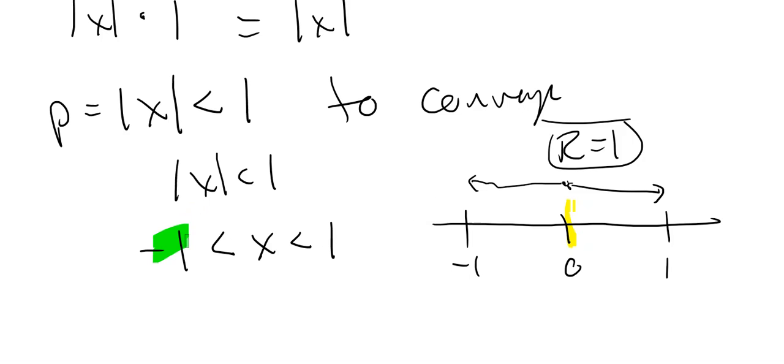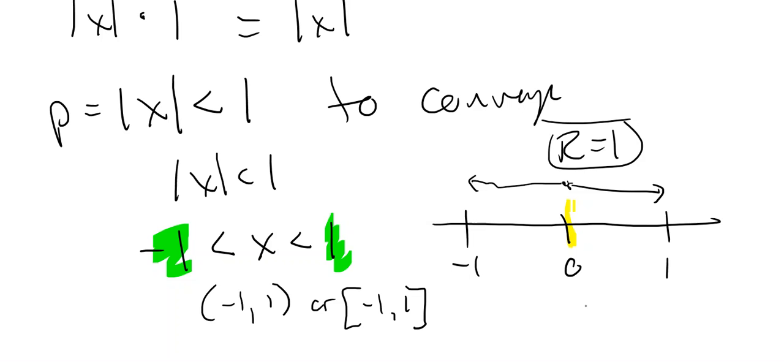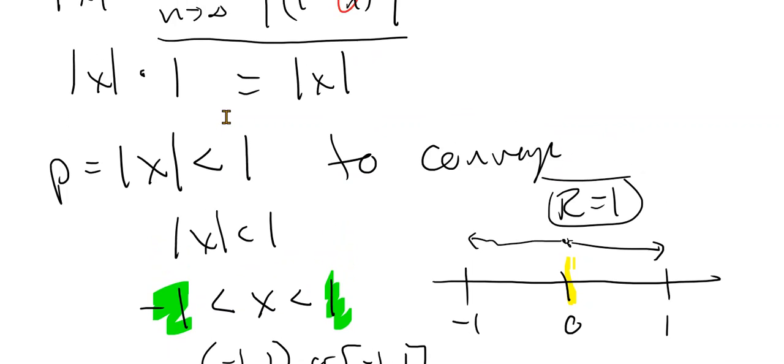In other words, our interval of convergence could either be from negative 1 to positive 1, not including the endpoints, or it could be from negative 1 to positive 1, including the endpoints. But for now, all we're looking for is the radius, which is r equals 1. All right, let's do one more.